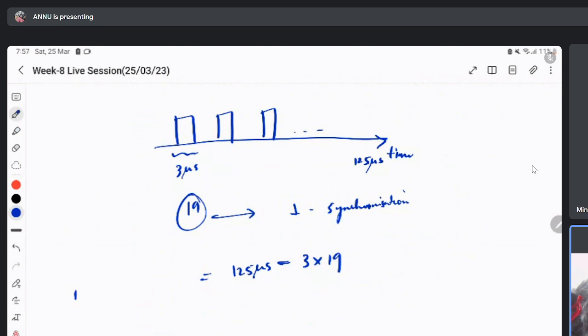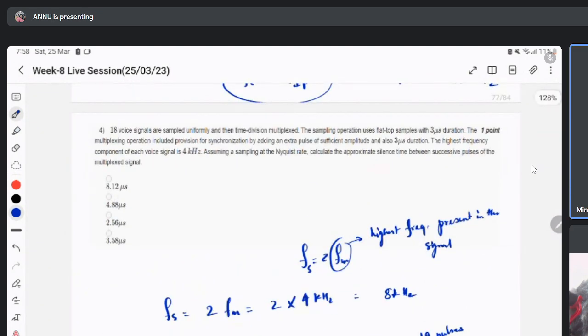So 125 minus 3 into 19 is the total silence period in this one Ts, in microseconds.